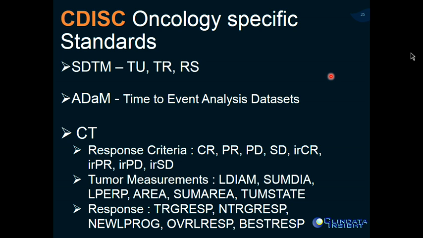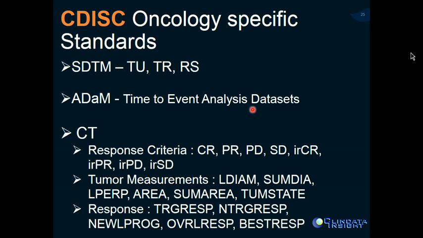One of the most important factors for programmers and statisticians in oncology studies is oncology-specific CDISC data standards. About a couple of years ago, the CDISC SDTM team introduced SDTM tumor-specific domains, TU, TR and RS, and the ADaM team developed a time-to-event analysis dataset.